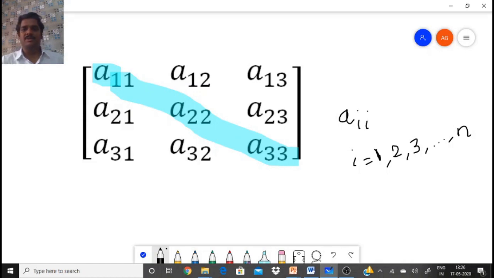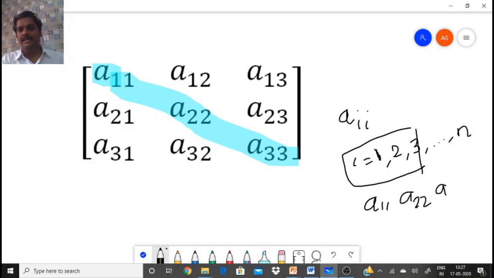Here we are talking about a square matrix of order 3, so i will take values 1, 2 and 3. That's why diagonal entries will become A11, A22 and A33.